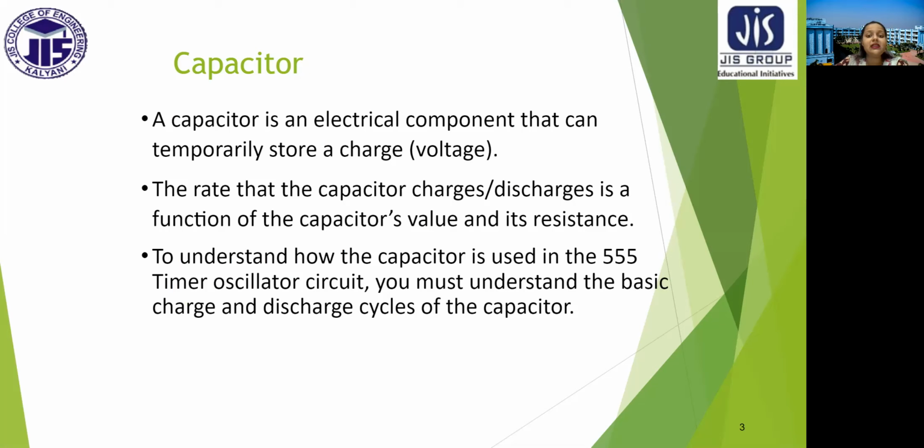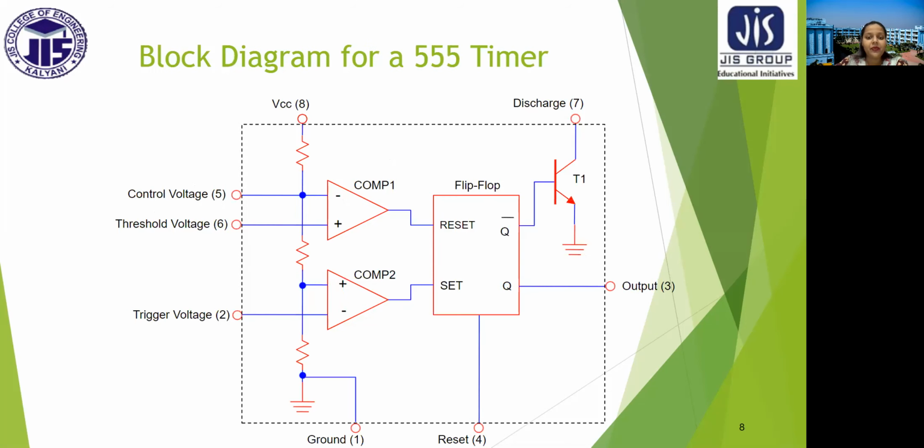So a capacitor is an electrical component that can temporarily store a charge. The rate at which the capacitor charges and discharges is a function of the capacitor's value and its resistance. To understand how the capacitor is used in a 555 timer oscillator circuit, we need to understand the basic charge and discharge cycles of the capacitor. Very important part of 555 timer.